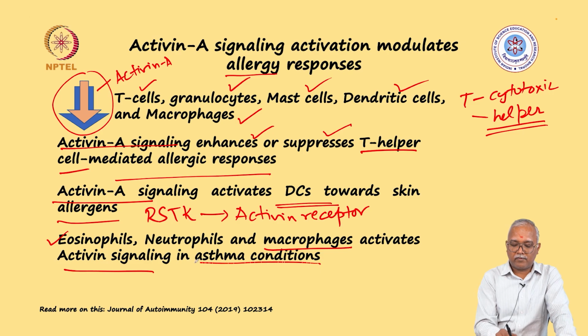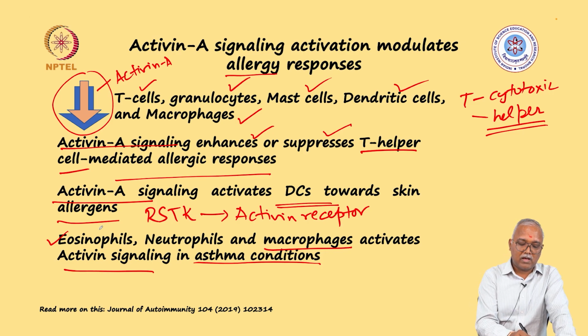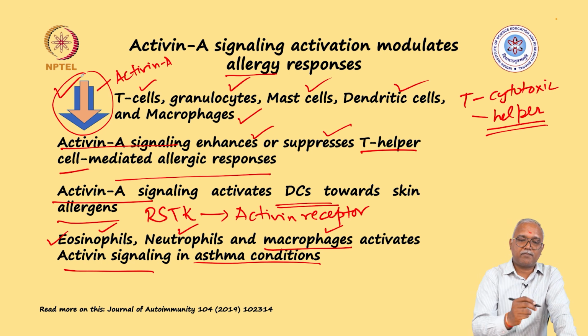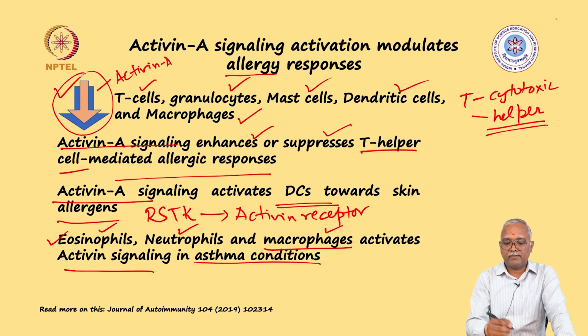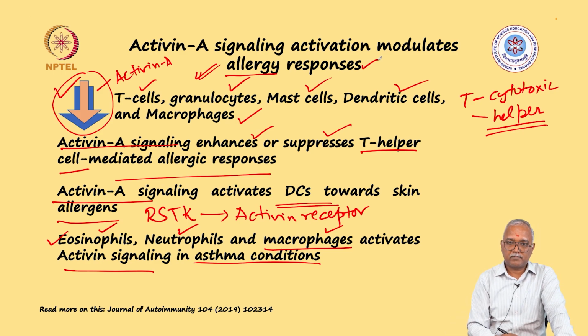They produce an asthma-like condition, or sometimes they may make the situation worse because of the high activity of eosinophils, neutrophils and macrophages at the location where the asthma-like situation is produced. So we realize that activin is again playing a very important role in another response which is a safeguard for us, and that is your allergy response.